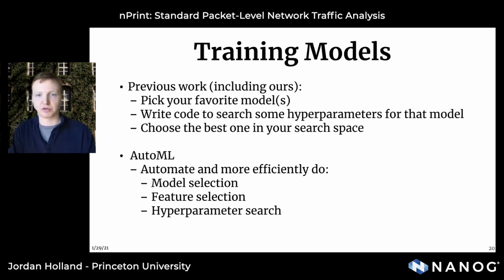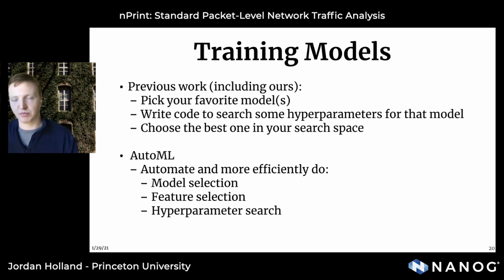We'll write code to search some hyperparameters for that model. So say we want to use a deep neural network, the hyperparameters may be the size of each layer. And then we'll choose the best one in our search space, right? What this gives us is a relatively small search space with our bias of our favorite models, and hopefully we find a model that does a good job of predictive performance.